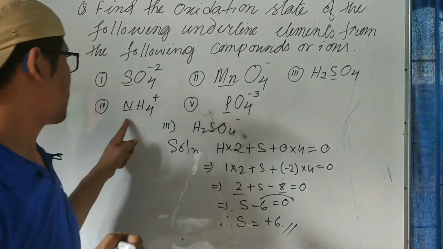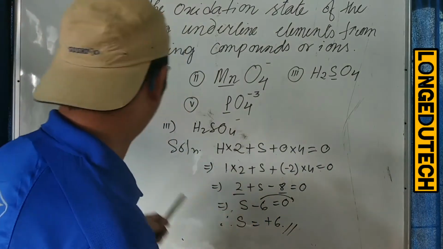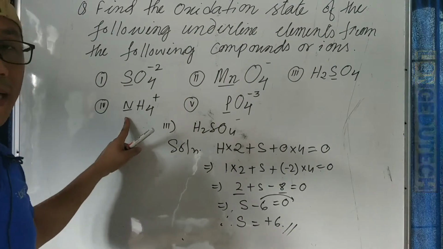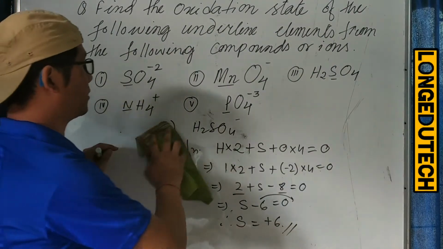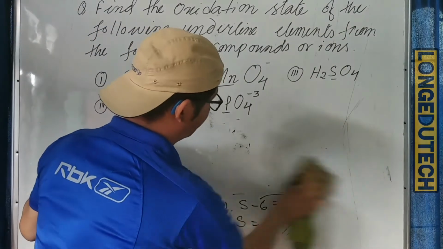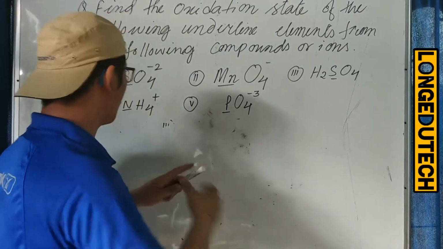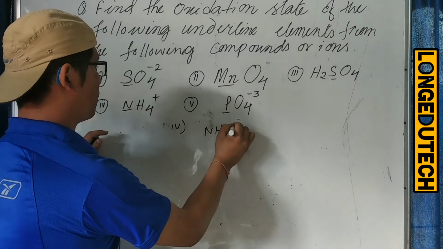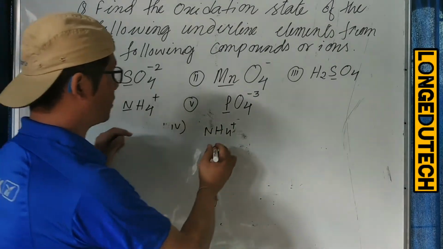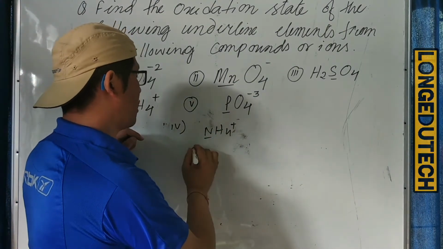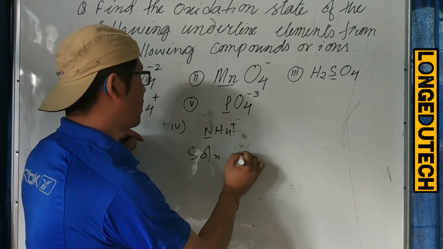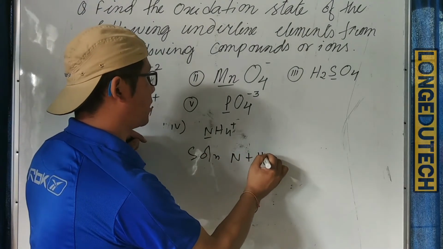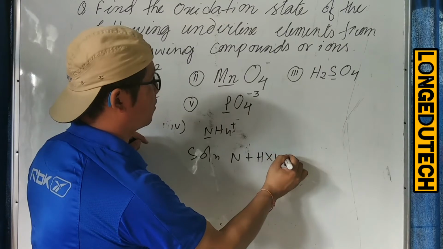Okay, let's come to the ammonium ion. So we'll find out the oxidation state of nitrogen in this ammonium ion. In number 4, NH4 plus. In this case, we need to find out for nitrogen. Here it comes N plus 1 into 4 is equal to plus 1.